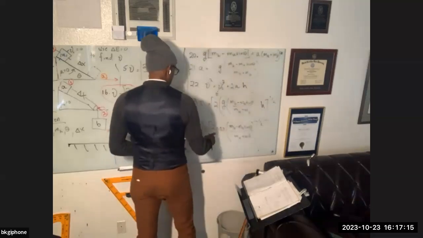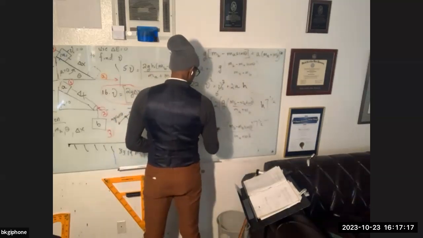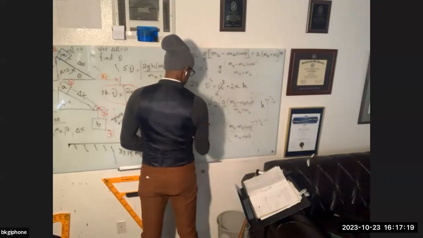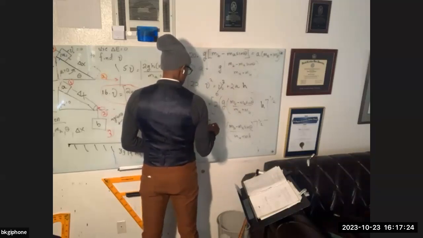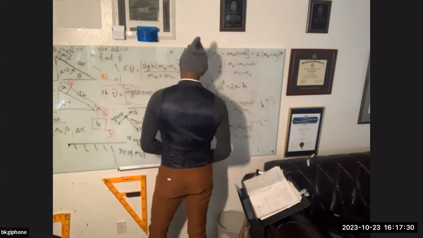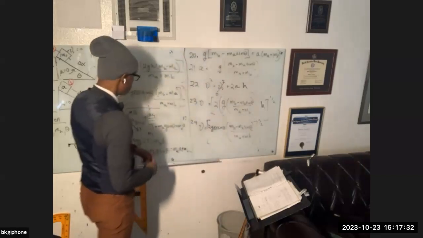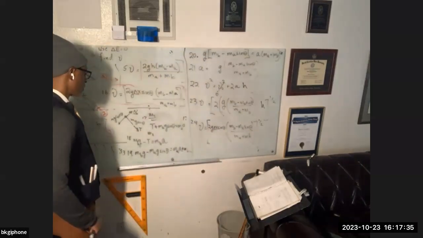Out here, I would still have h becomes delta x sine theta. Still not quite right. Is that g delta x sine theta? So this term I would have sine theta squared, and here I still have just sine theta.